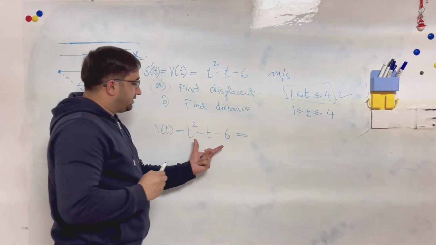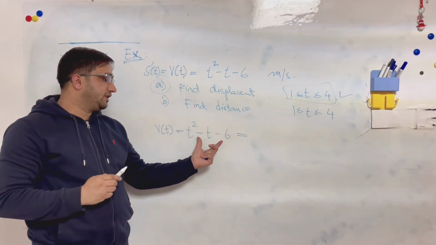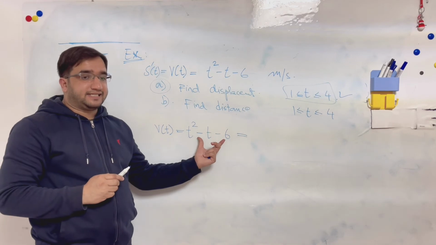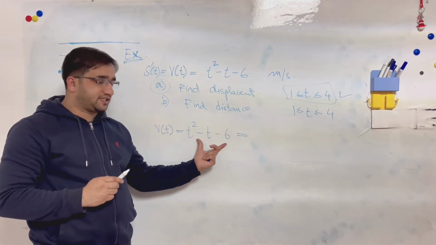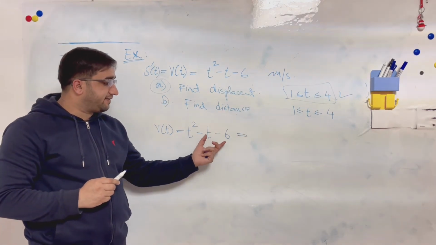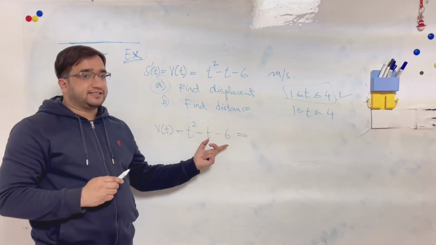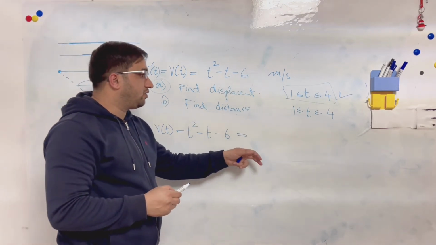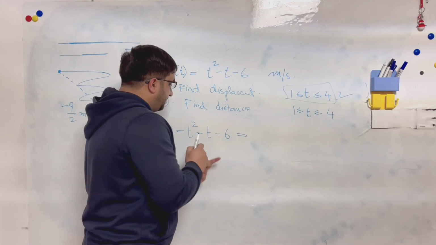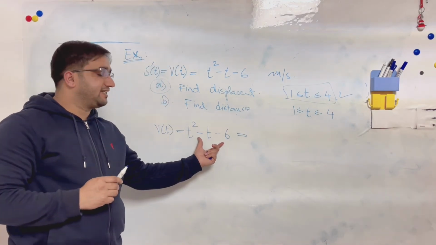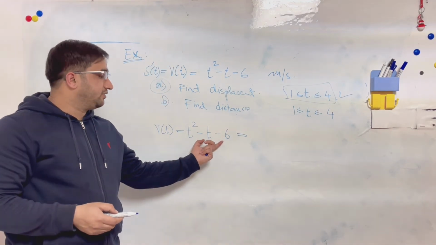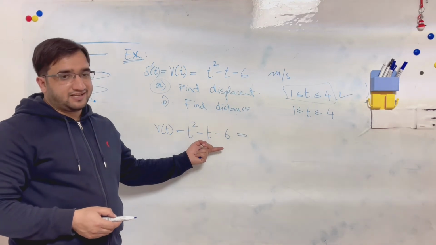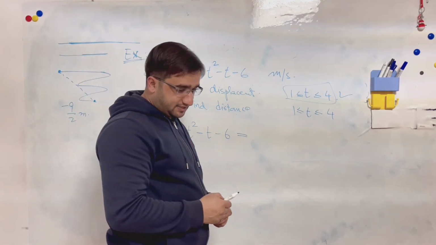If I want to check the negativity or positivity of this expression, the better way is if I can make two factors, then it will be easy. I will explain how the factors will be easy. If you make two factors of this using any method, completing square or factorization, you know these methods.